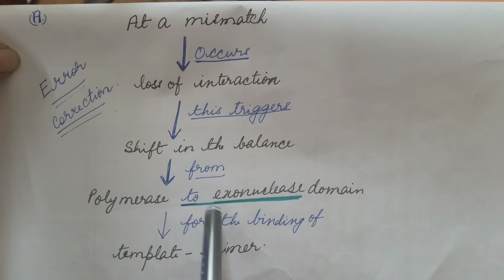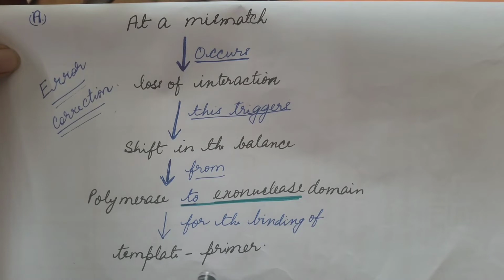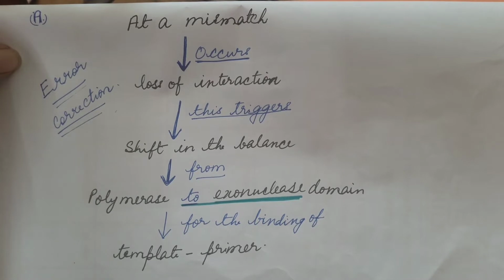Now the exonuclease domain binds to the template primer in order to correct the error. DNA polymerase has a polymerase and an exonuclease domain, which we will discuss in detail in the next video, where we will see types of DNA polymerase, their structure and function.